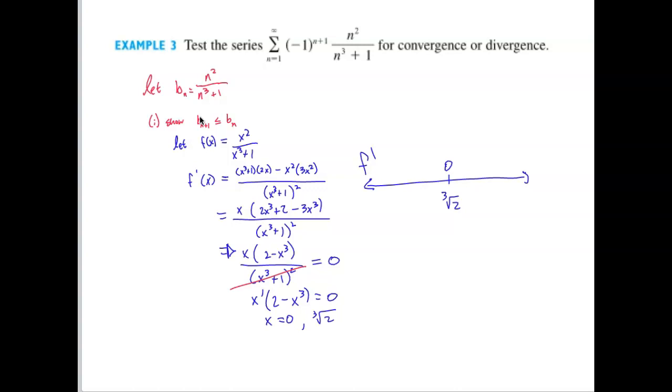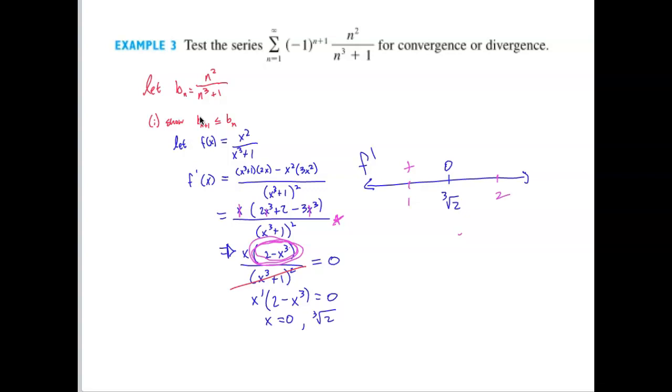All right, so if I plug a 1 into f prime, do I get back a positive or a negative? We would have 1, 1, 1. So you'd have 1 times 2 minus 1. That's positive. So f prime is positive there, meaning f is doing what? Increasing. And then I can plug in like 2. If you plug in 2, you can see just from this term alone, that's 2 minus 8, right?